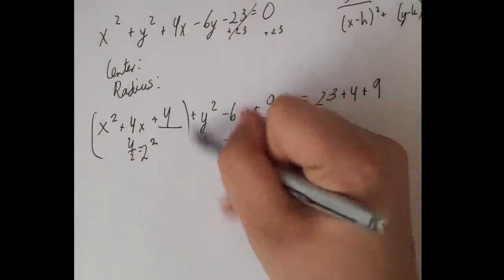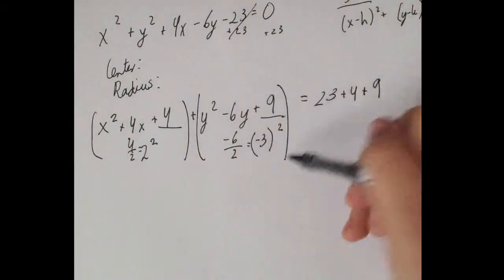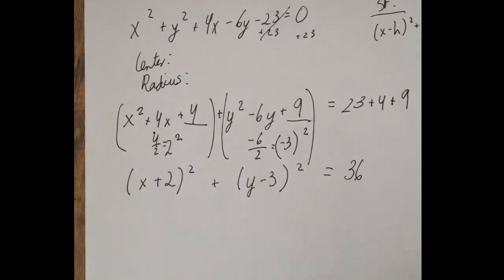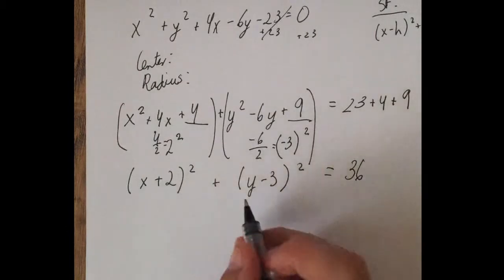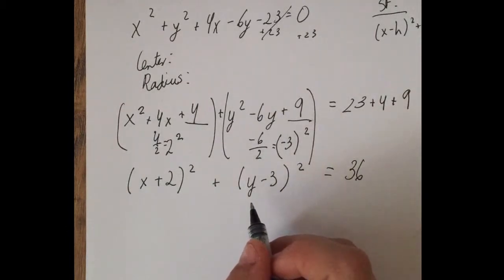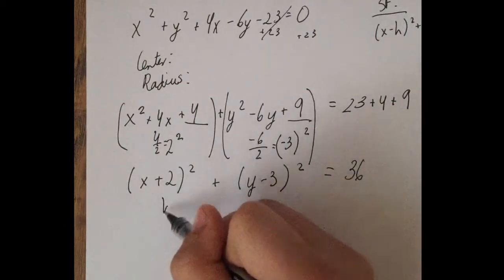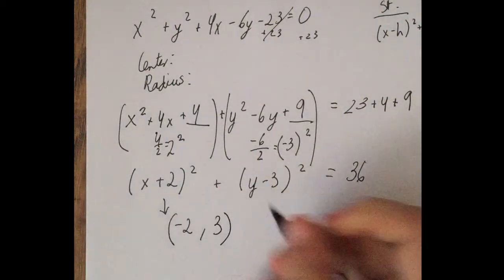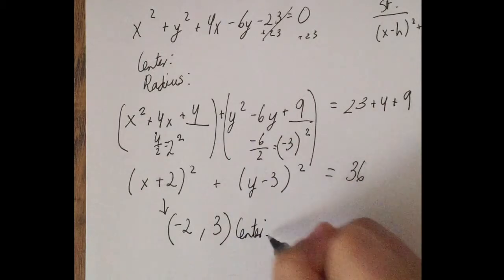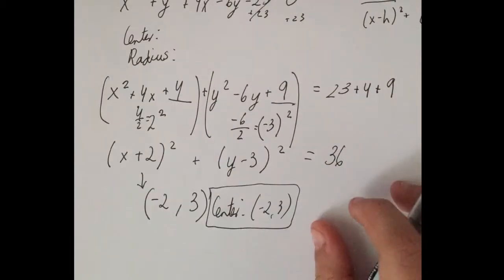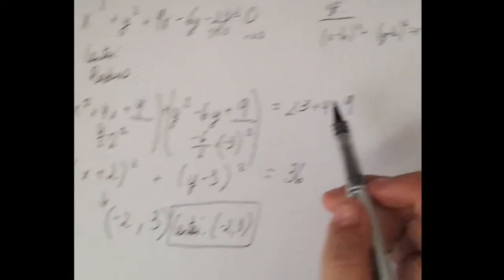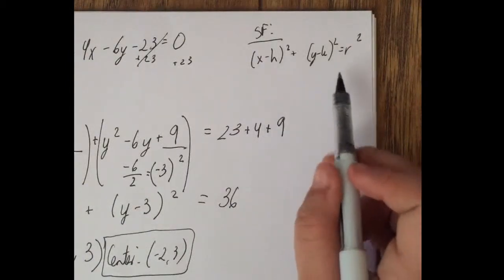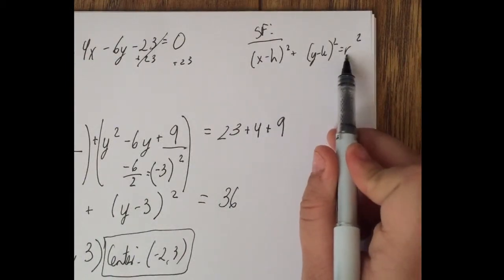So now you can group your x's and your y's. And the coordinates from the x and the y will end up being the coordinates for your center. So you take the opposite of x plus 2, and that's your center. Now find your radius. You know that your standard form is right here, and your radius squared is right here.